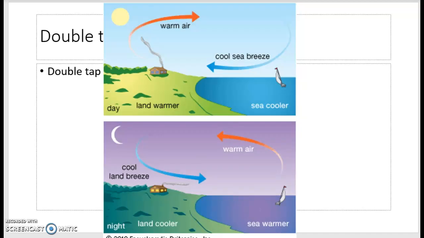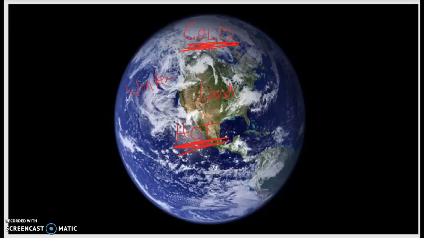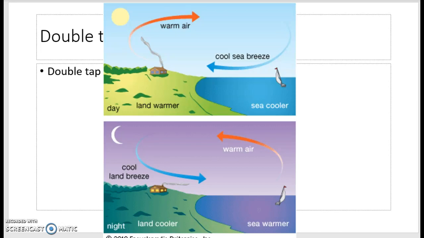So we can have what we call local winds, and then we can have what we call global winds. So these are the global winds because of land and water, poles versus equator. But we can also have local winds, and we talked about this with Chicago.